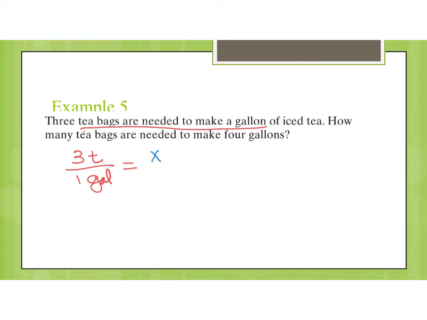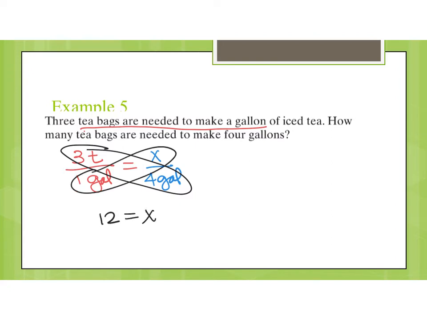I don't know how many tea bags we need, but we need to make 4 gallons. So 4 gallons is going to go on the bottom. And again, I'm going to use my cross product. So I have 3 times 4, which is going to give me 12. And then I have 1 gallon times x, so that's just x. So here, x tells me that I'm going to need 12 tea bags.